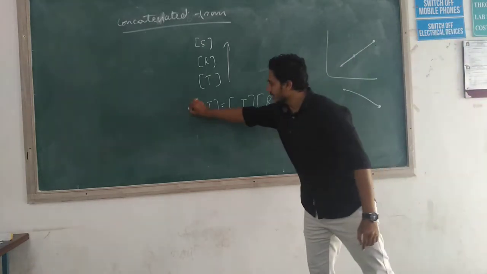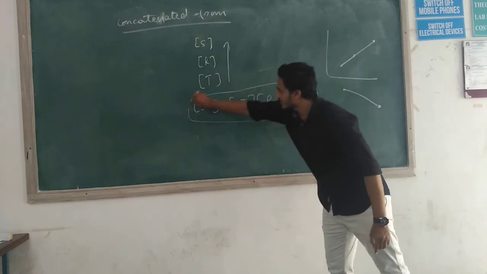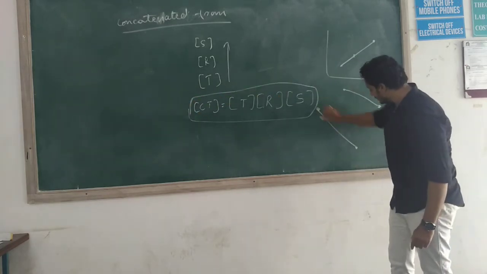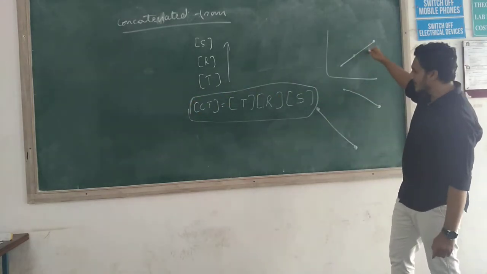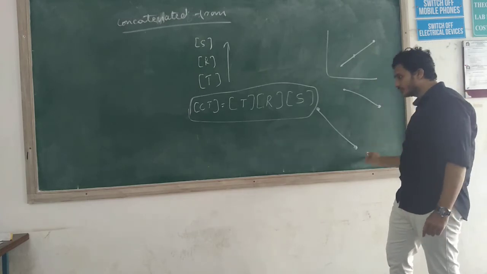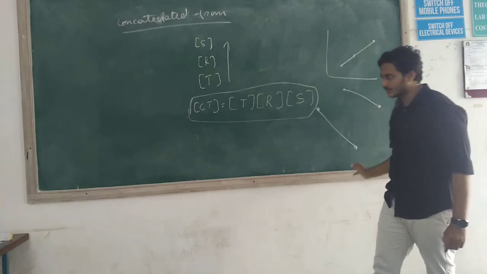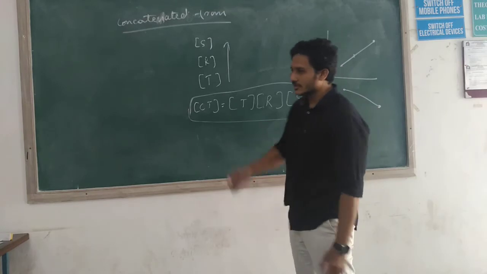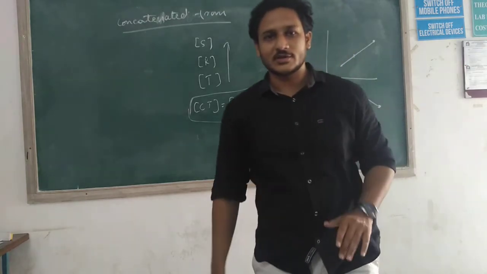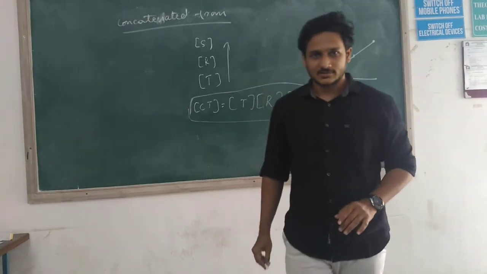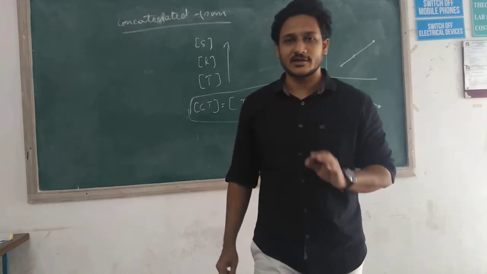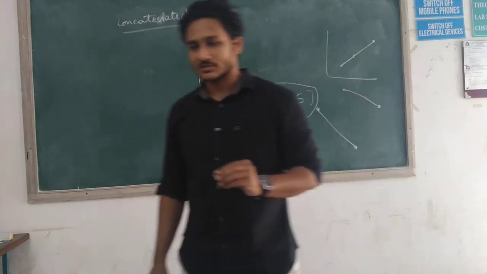So this concatenated transformation is going to give you the final values after scaling, rotating and translating. You just have to go from the lower side to the upper side. Okay, so this is our concatenated transformation.